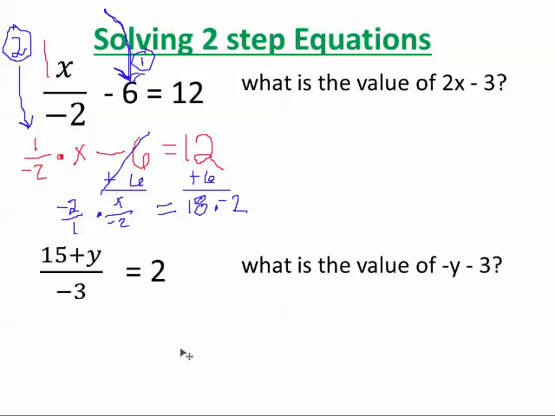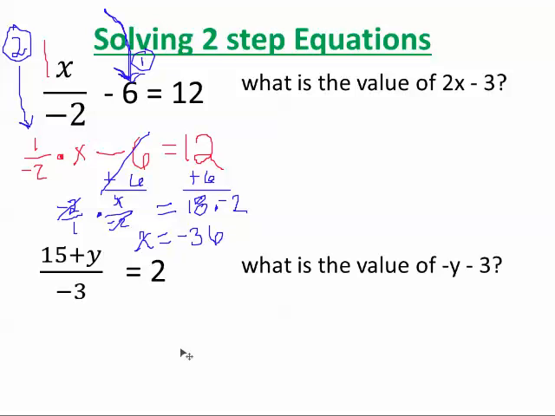But I have to multiply by negative 2 because my x is divided by negative 2, and I want that to go away and x to be isolated by itself. And watch how this does that. Negative 2 reduces with negative 2, and it leaves me just x. Negative 2 times 18 is negative 36.